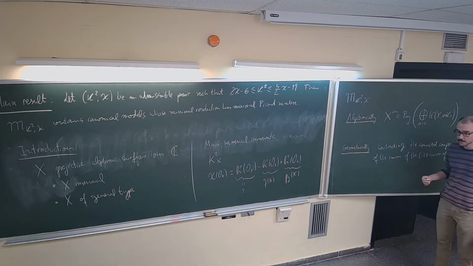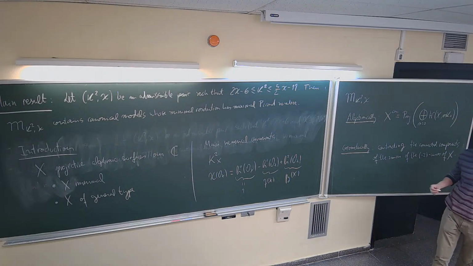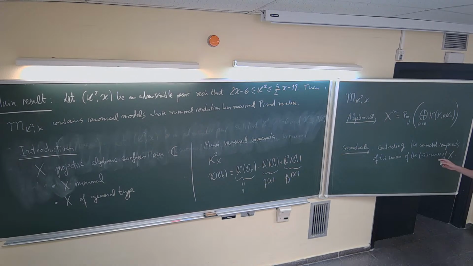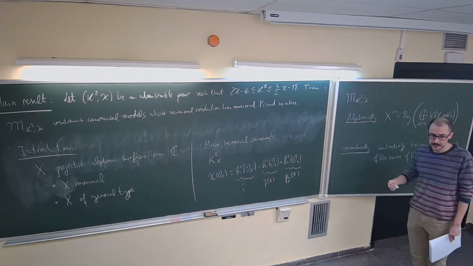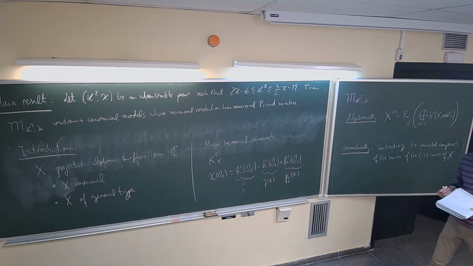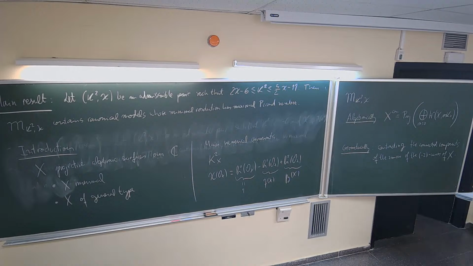This time, what we have to do is contract the -2 curves. In this case, we get singularities, but the singularities that we get are not very singular; they are mild singularities.